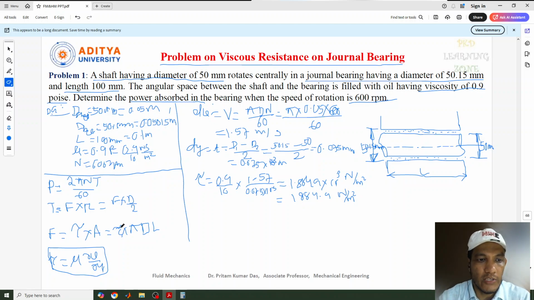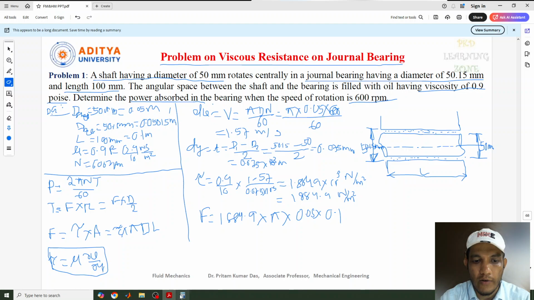Now let's put this value in the force equation. Shear force equals 1884.9 into pi d l, that is pi into 0.05 into L, which is 0.1.